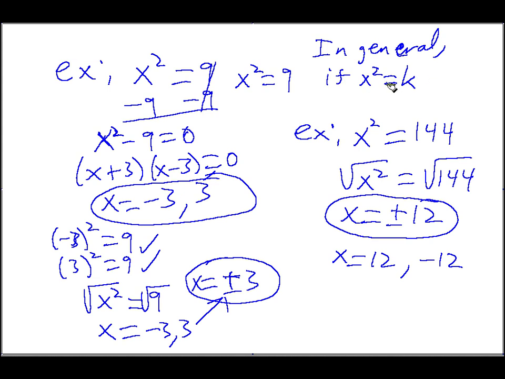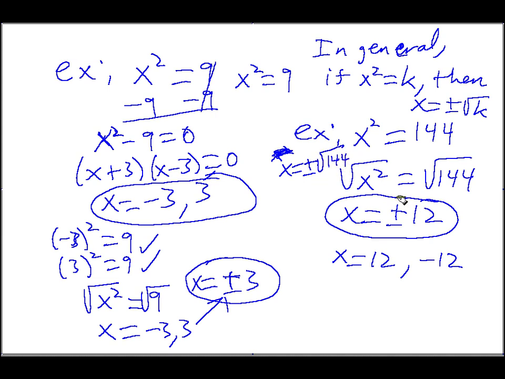So in other words, if you have x squared equal to some number, then x is going to be equal to plus or minus. Again, you take the square root of both sides, you get plus or minus the square root of that number. So in other words, in this case, x is equal to plus or minus the square root of 144, but that's what?